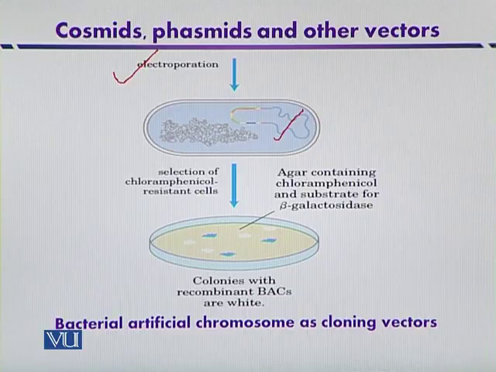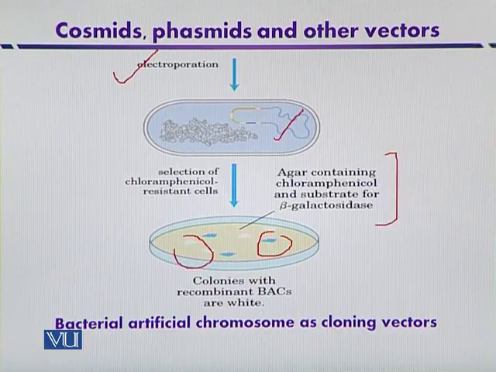If the colonies are colorless, then they indicate the lack of beta-galactosidase, and also the presence of foreign DNA, whereas the blue colonies indicate the absence of foreign DNA. So agar containing chloramphenicol and substrate for beta-galactosidase can act as a selectable marker. So this is one of the strategies that can be used to clone larger DNA fragments by using bacterial artificial chromosomes.